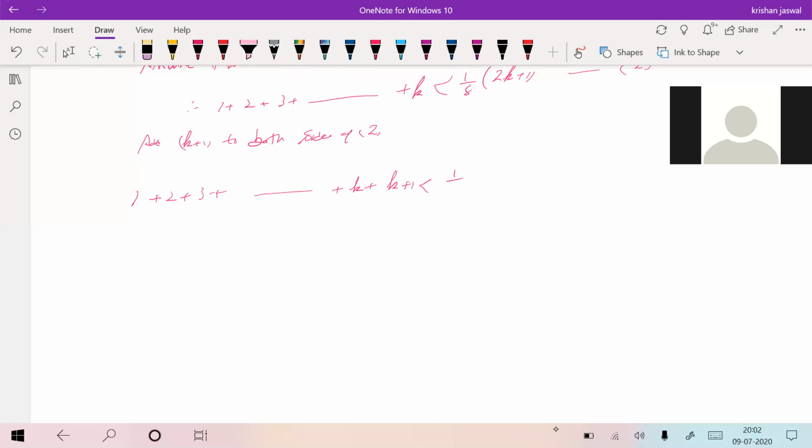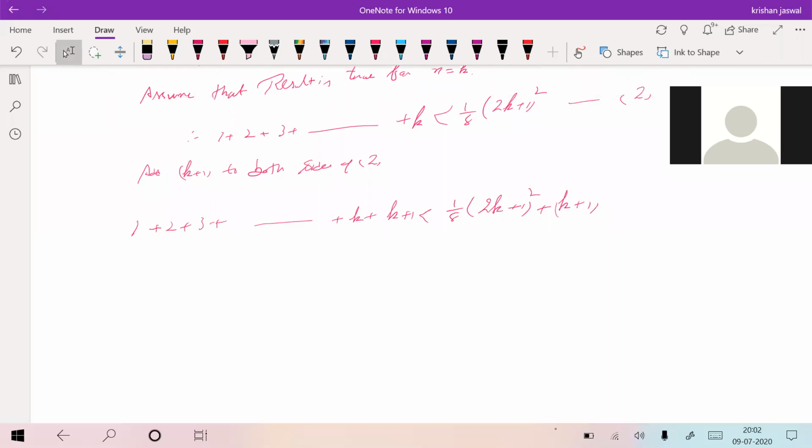So, 1 plus 2 plus 3 and so on plus k plus (k plus 1) is less than 1 over 8 into (2k plus 1) whole square plus (k plus 1). Okay, now solve it.